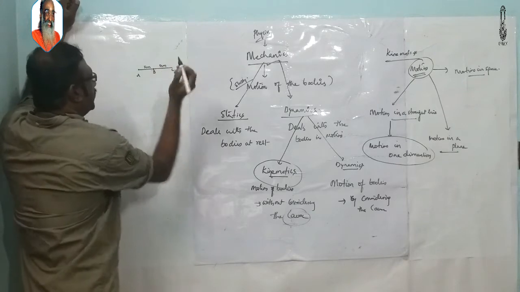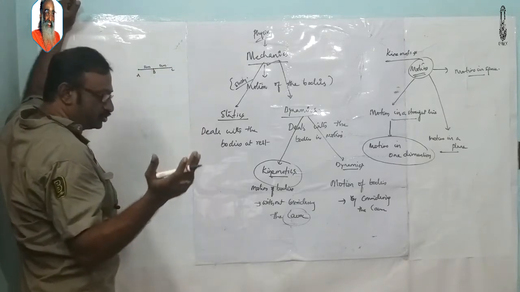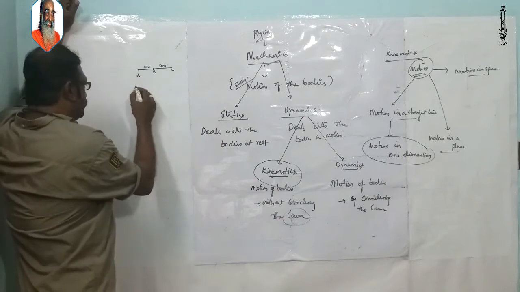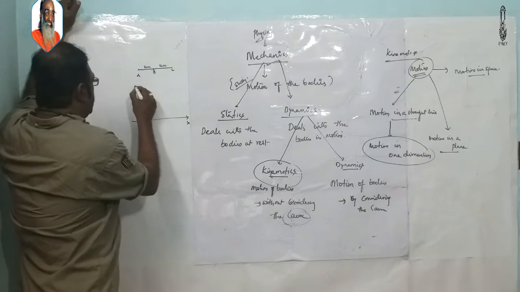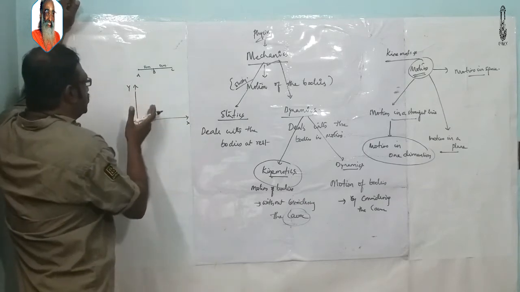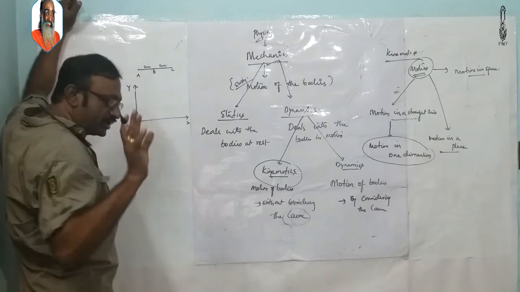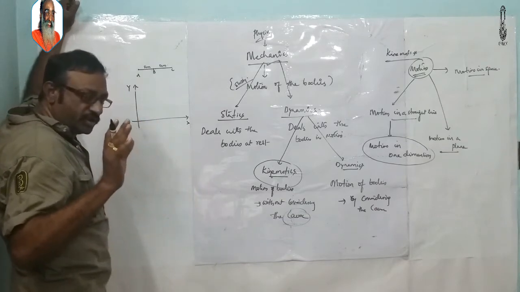So like this it is moving. To represent it using coordinates, we take the x-axis and y-axis. But there is no need to represent this using two coordinate axes. One is enough. Either you can go with the x-axis or the y-axis.